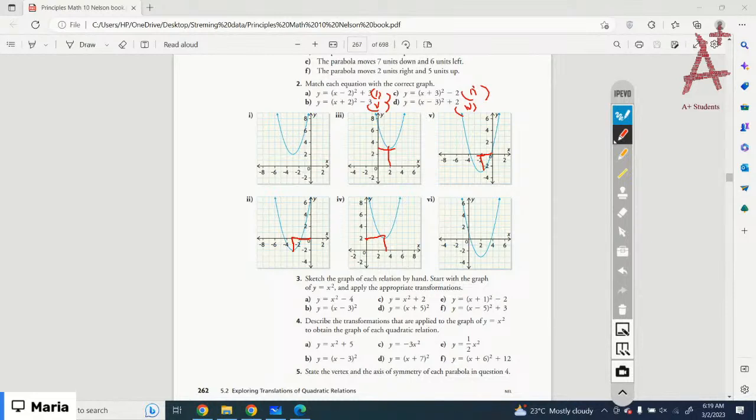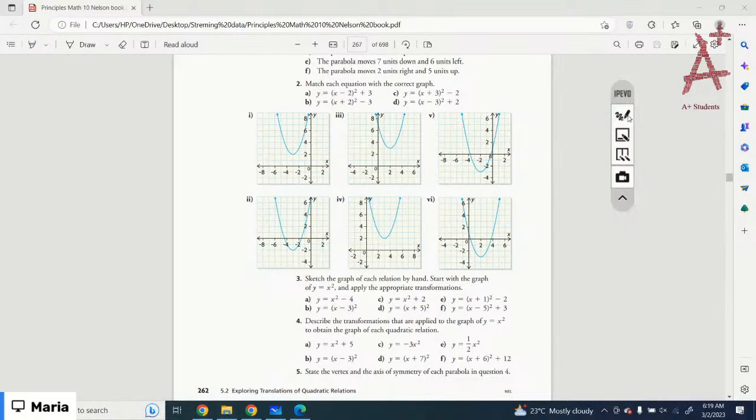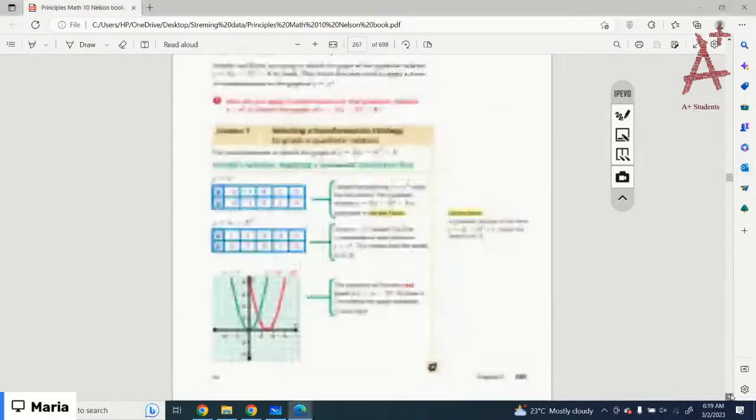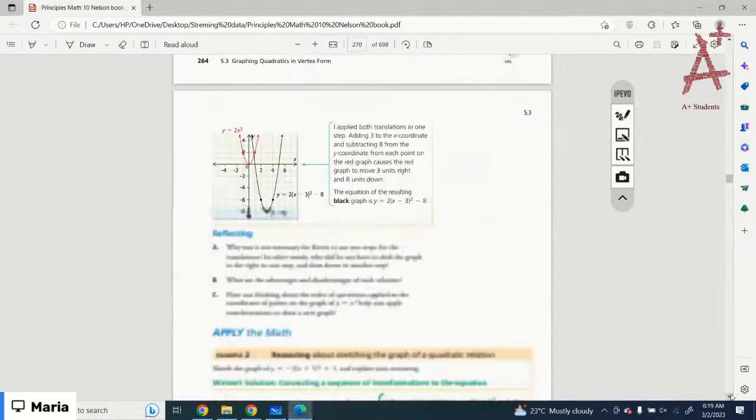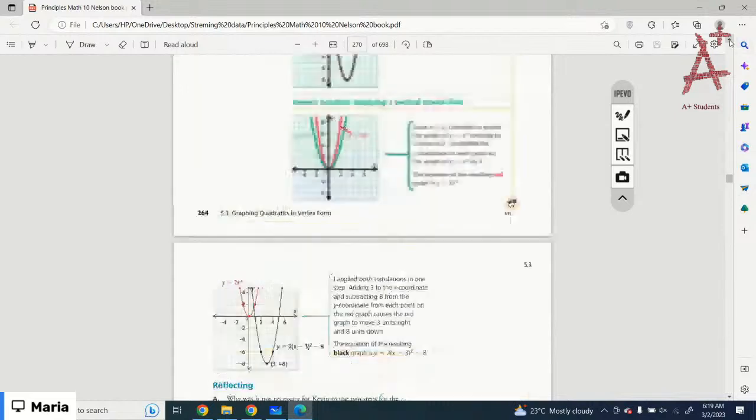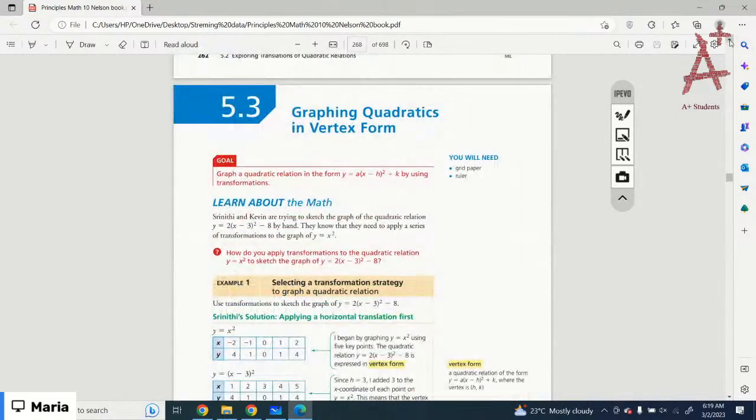The next lesson is graphing quadratics in vertex form.